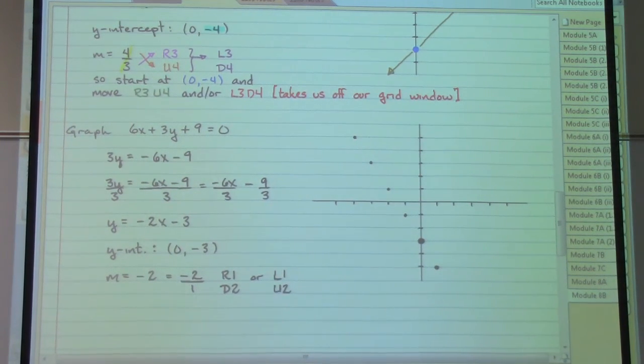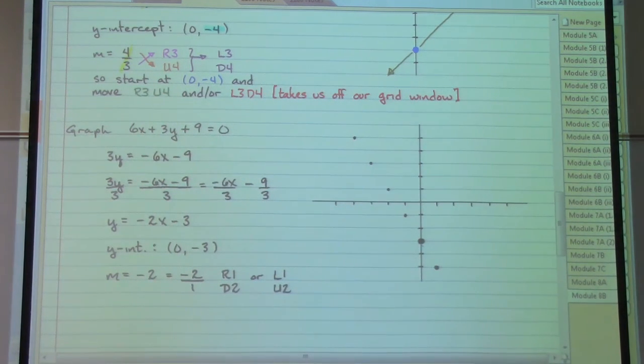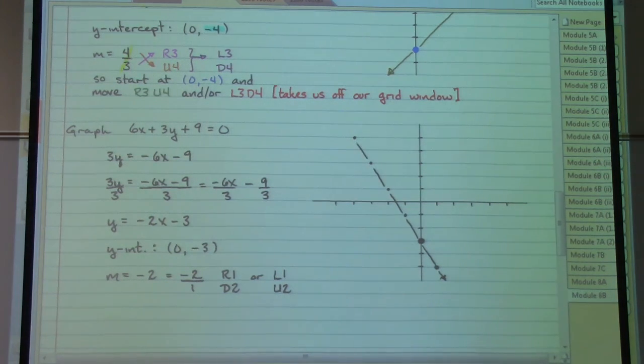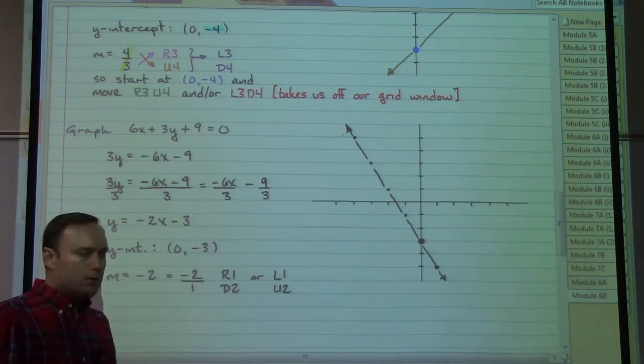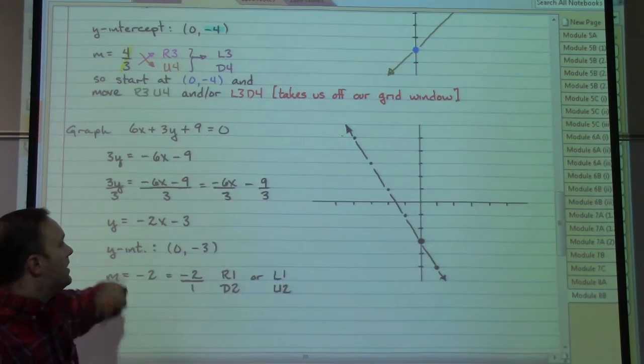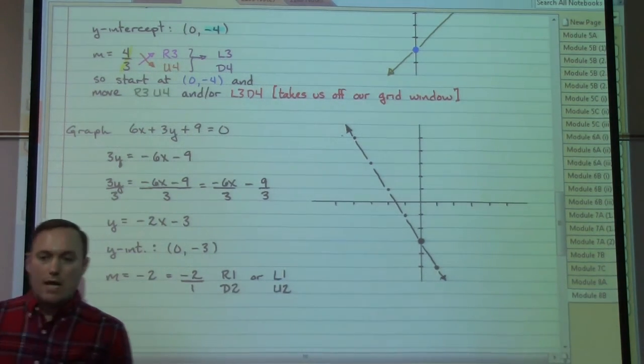But I did want to show you that you have that sort of freedom involved. So just having all of those in there helps me try to get things lined up properly and draw my line in there. So there is the line for the equation 6x plus 3y plus 9 equals 0.